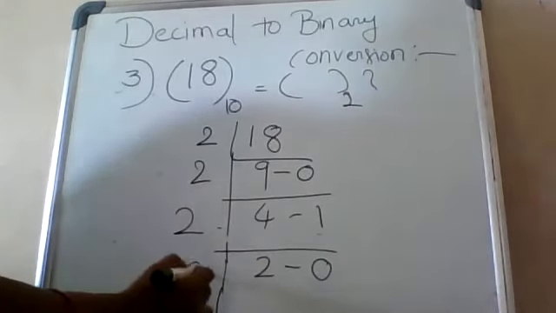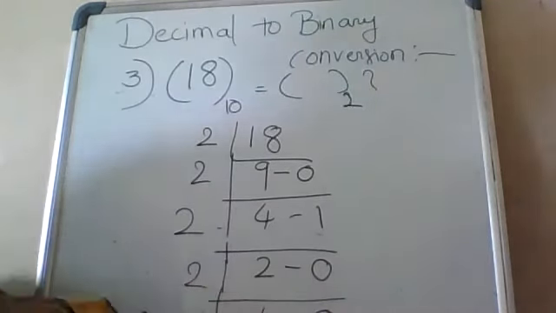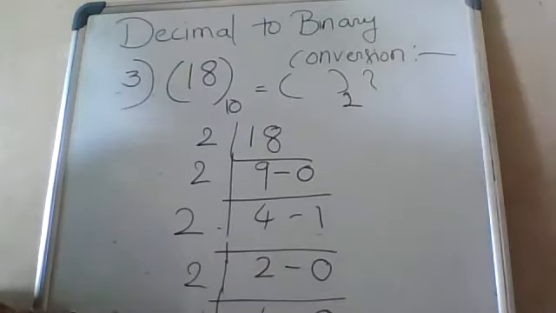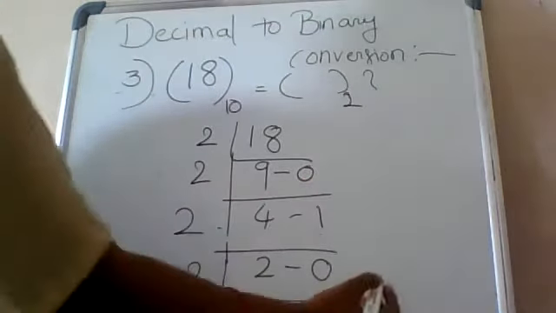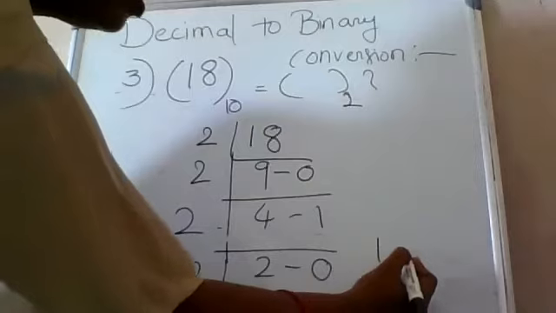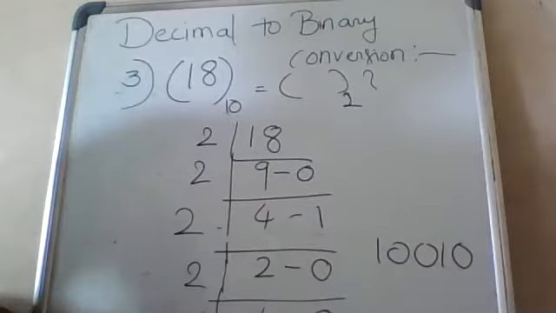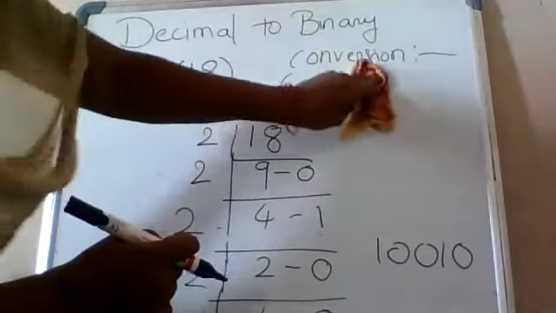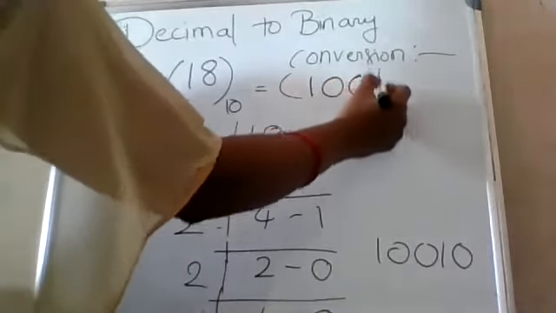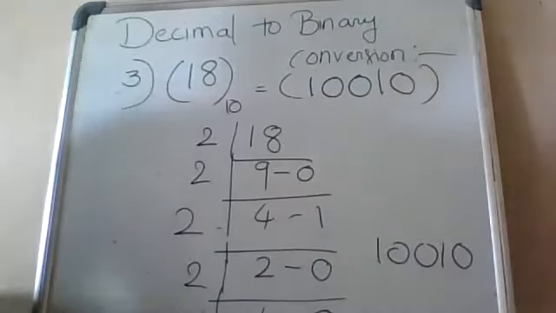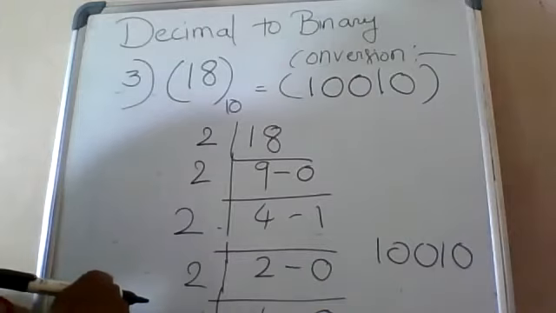Next 2 1s are 2, remainder again 0. The binary conversion is 1 0 0 1 0. What is the answer? 1 0 0 1 0. This is the 8 number conversion of decimal to binary.